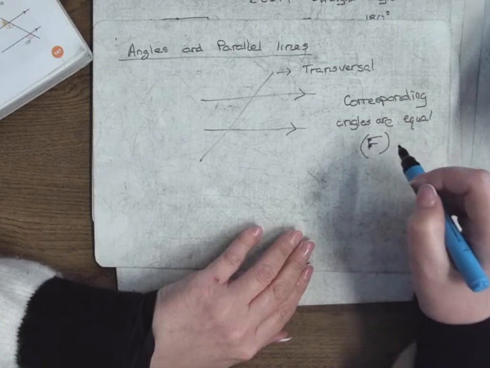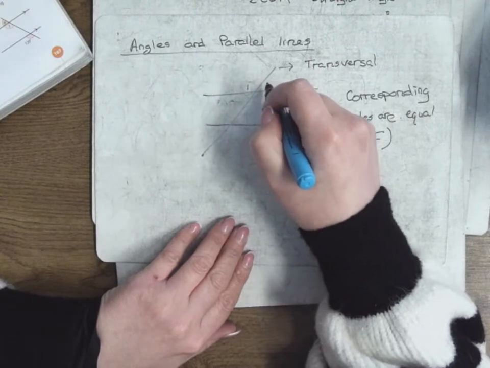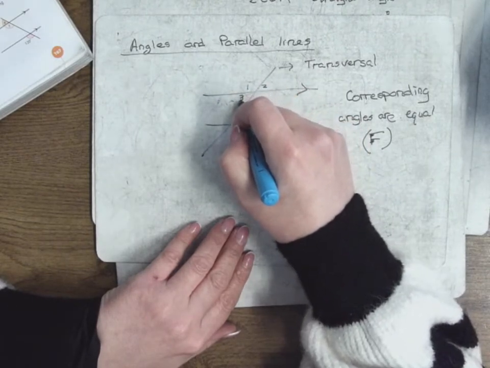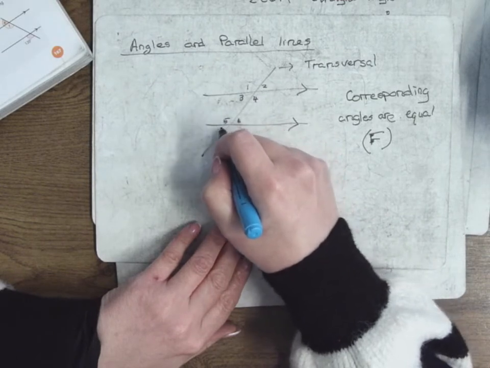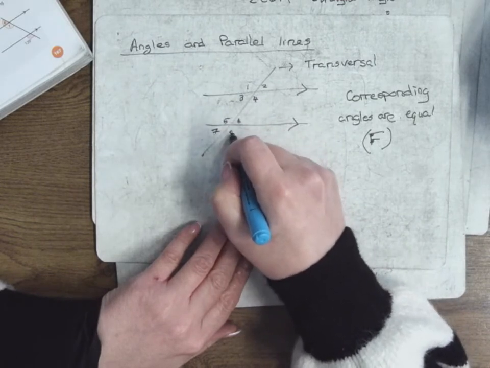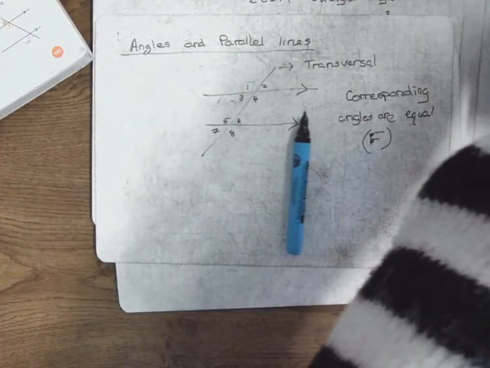They are equal. So I'm going to call this angle 1, angle 2, angle 3, angle 4, angle 5, 6, 7 and 8. Now, the thing is, you can draw your F forwards, backwards, upside down, any way at all.